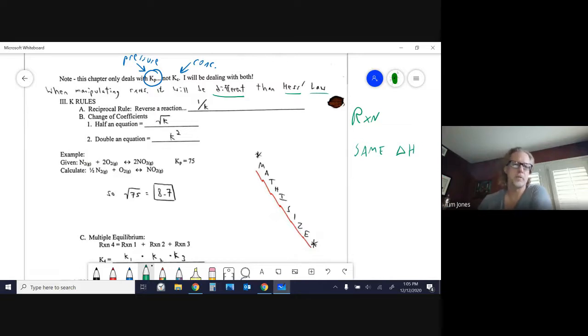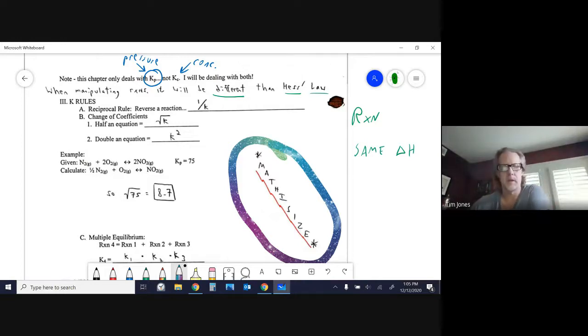When it comes to equilibrium constants, you don't do the same thing. You do something more severe with the math. So I came up with a word for this. The word I came up with is here. You mathicize it.